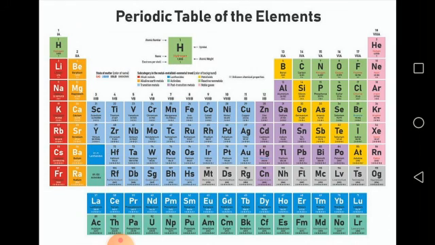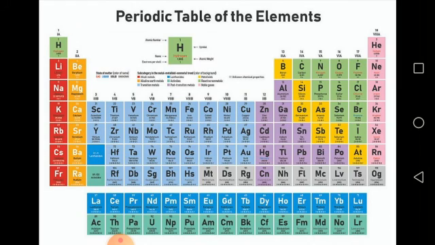The fourth and fifth periods each contain 18 elements, while the sixth and seventh periods each contain 32 elements. As you see here in the periodic table, it is divided into 4 blocks.